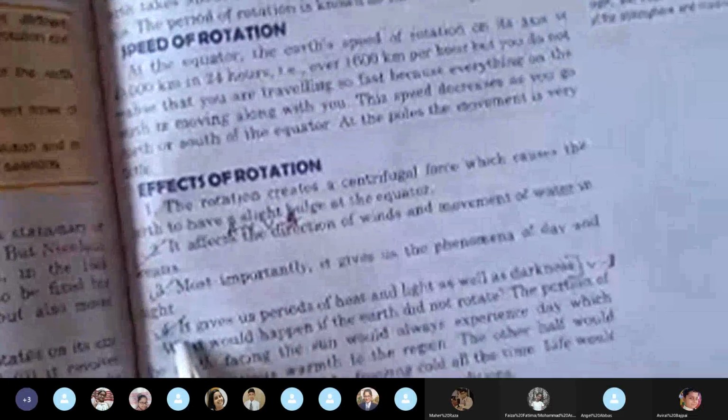Coming on to 5-4. Give any 3 effects of rotation. Page 131. You will write effects of rotation, and then you write the second point, the third point, and the fourth point. I repeat, effects of rotation.